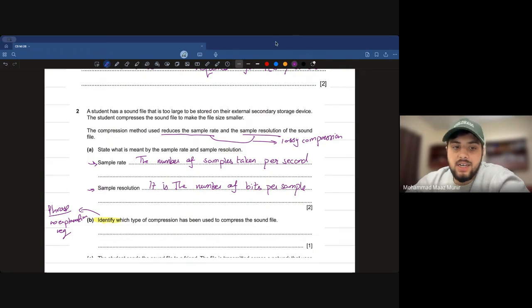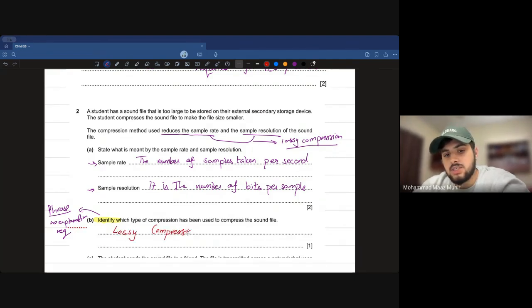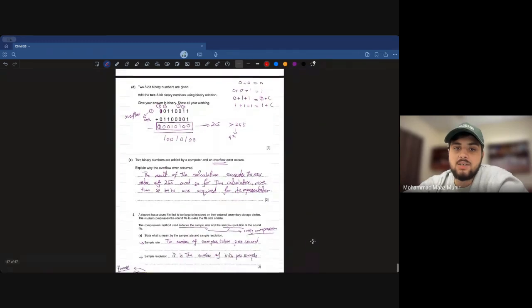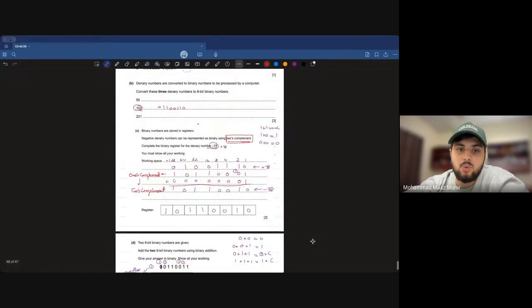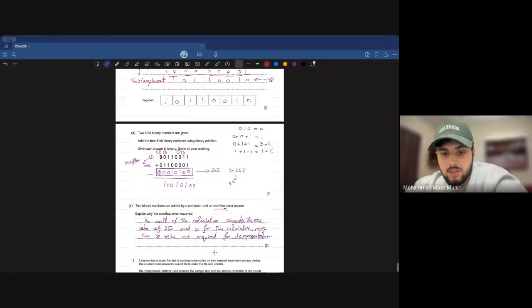We identified earlier that the compression here is lossy compression. So I would just write lossy alongside compression. And the moment I do this, I would get 1 out of 1 for this too. And with that, we have completed one other paper, which is summer 2023, May-June paper number 11.